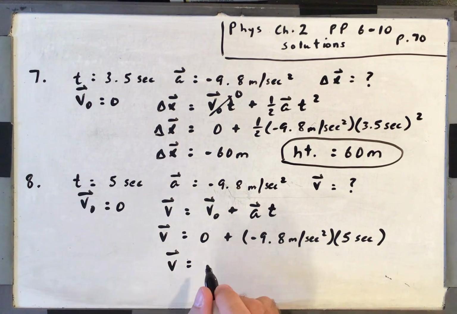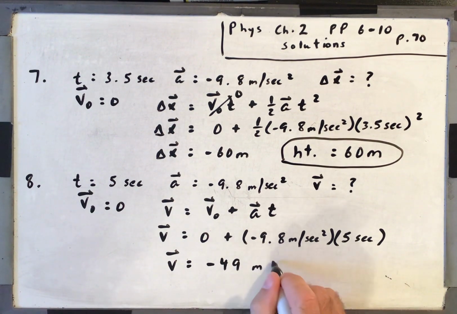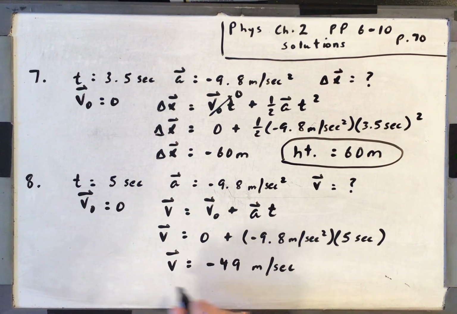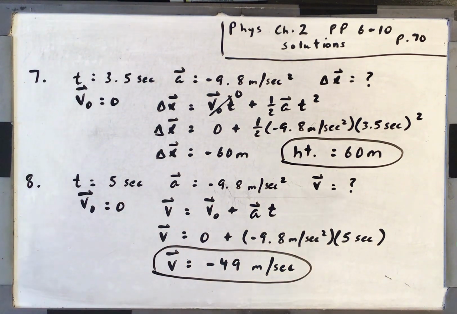It's a little under 50, right? Negative 49, and it makes sense that it's negative because we're going down. So negative 49 meters per second, moving pretty good after 5 seconds. Of course, it wouldn't really be quite that fast due to air resistance. All right, make corrections if you need to, and let's finish this thing out with number 9 and number 10.